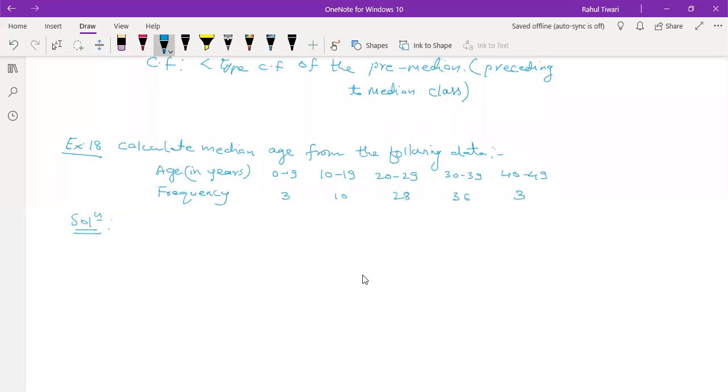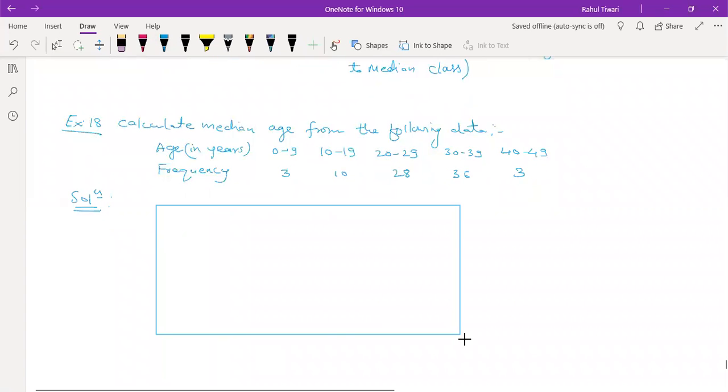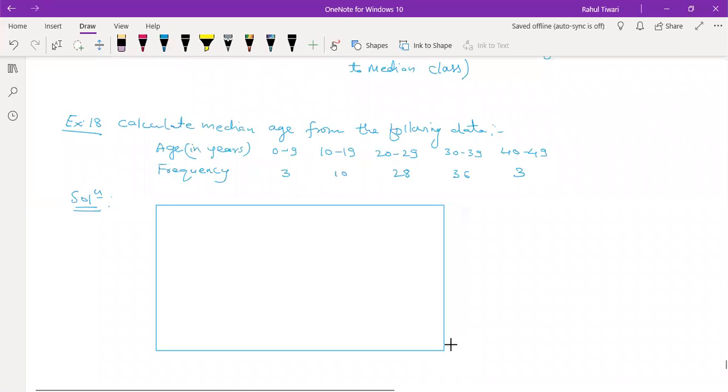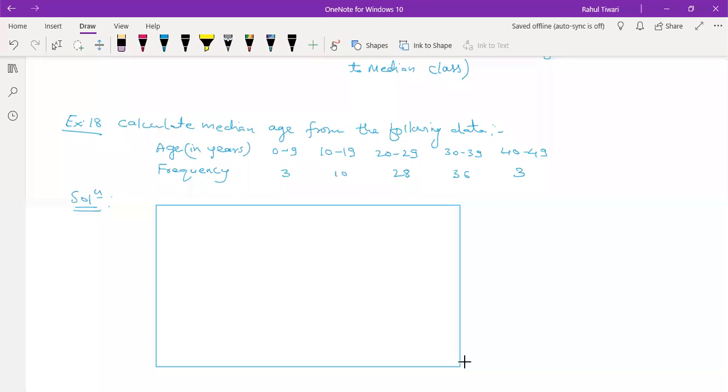Let's create a table for this. There are 5 intervals.